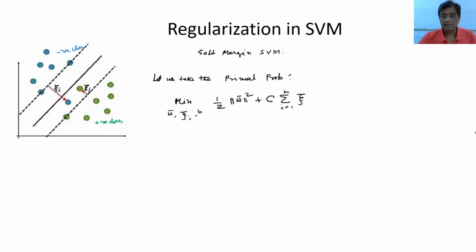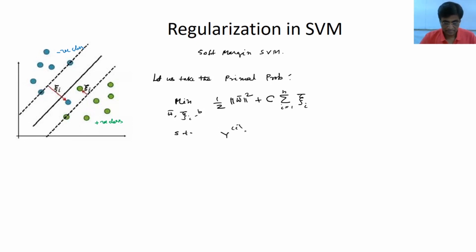Let us call it n because it should not be confused with the sample size. So what we are doing, we are trying to minimize this. This is a minimization problem. We have attached a constant term and then the distance of the outlier from the gutter. So in the sense we are penalizing. We are minimizing this.